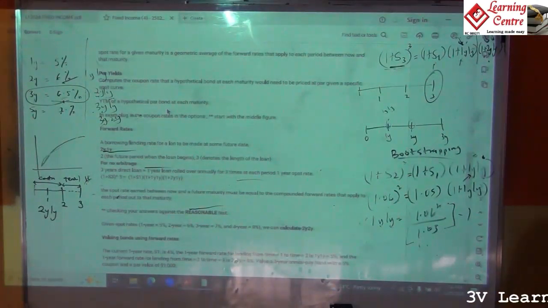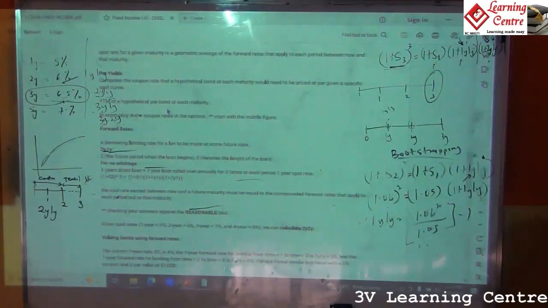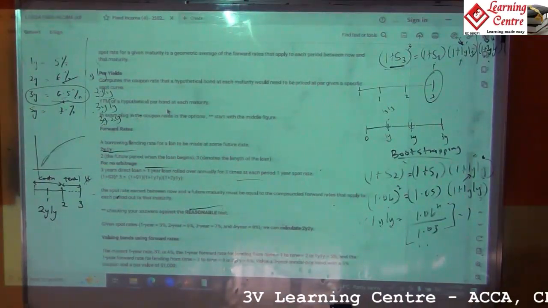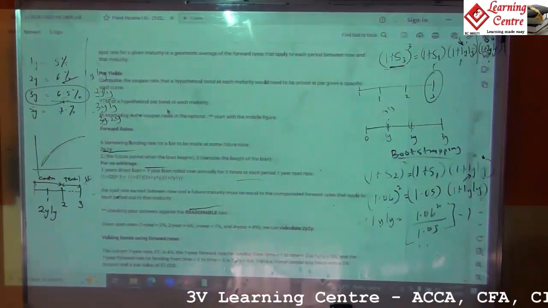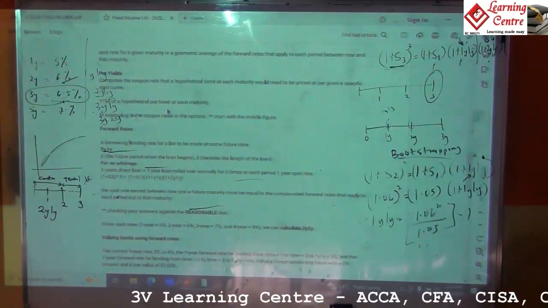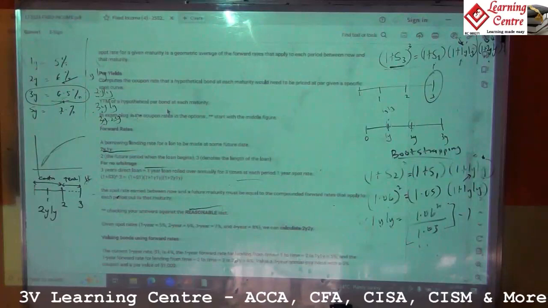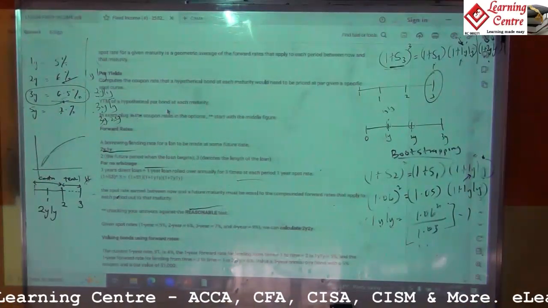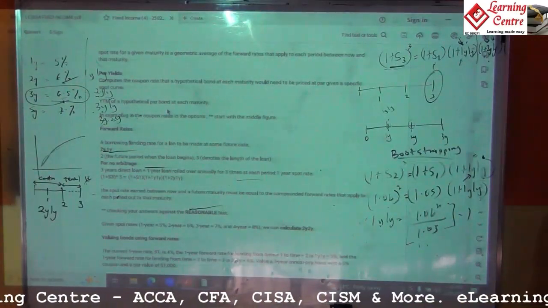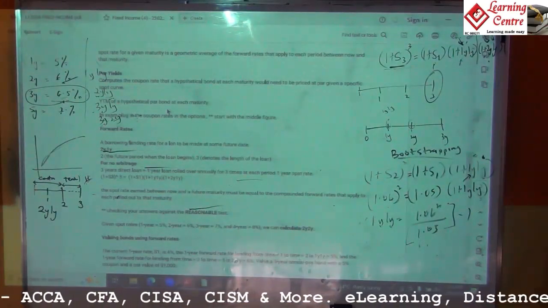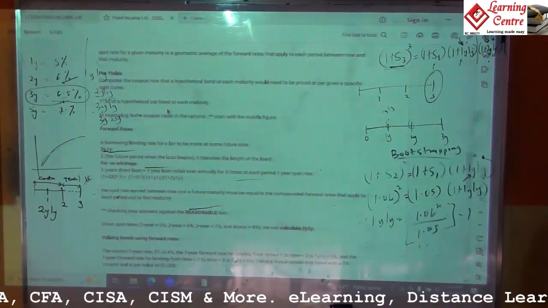Any question on this? That is what they use in the actual markets. Your Excel macro will do this for you.